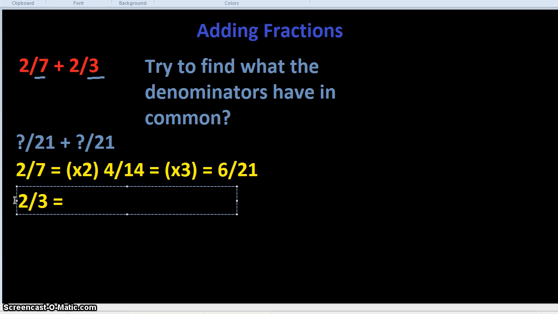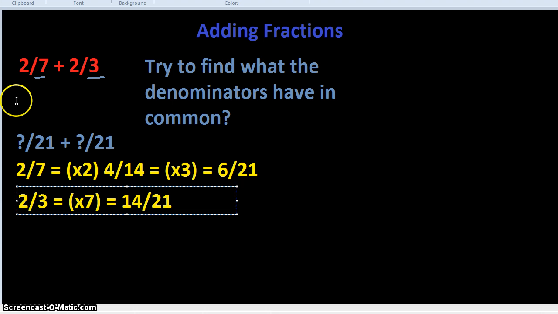Well, to get from 3 to 21 we have to multiply by 7, and we have to multiply the top and the bottom by the same number. So we multiply top and bottom by 7, and we get 14 over 21.